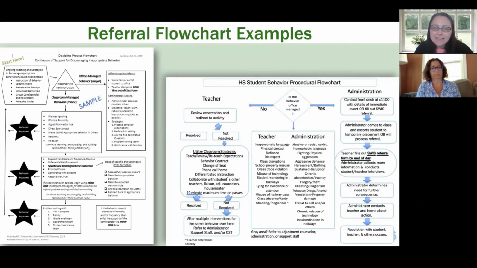And then this high school behavior flow chart outlines specific behaviors that would be handled by staff or by administration. It also outlines the responsibilities and strategies that staff and administration will use. And it communicates to staff that administrators will follow up after an office discipline referral has been made, both with the student and caregiver, but also with the referring adult.